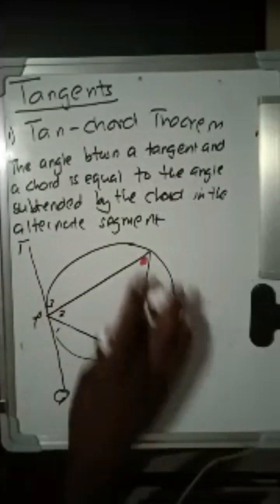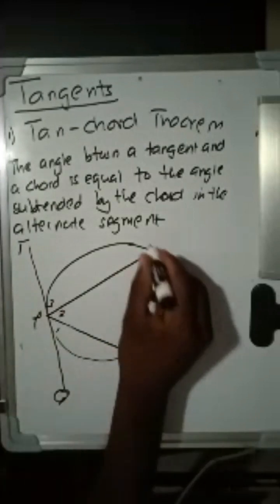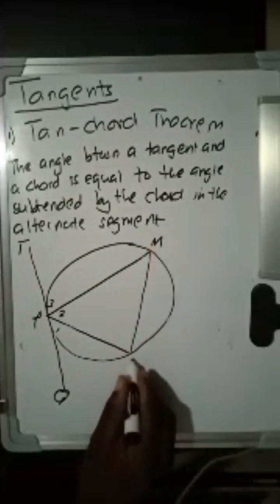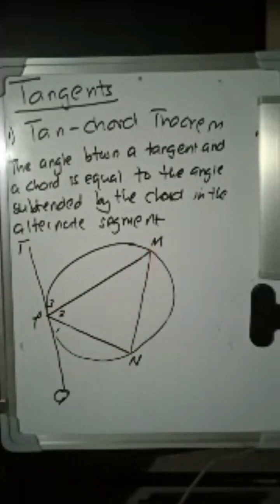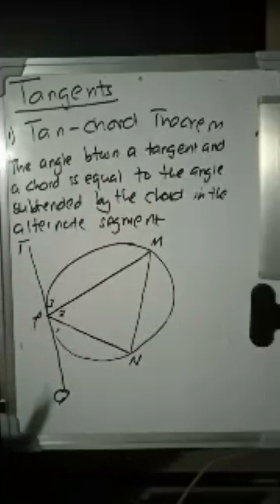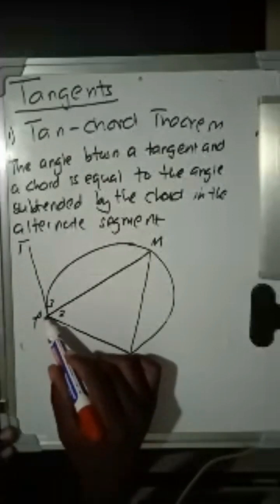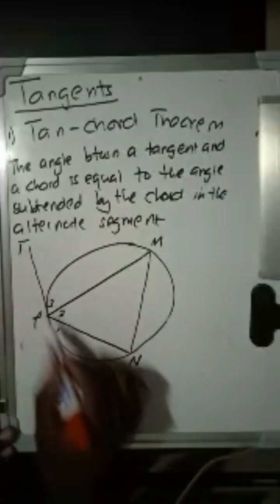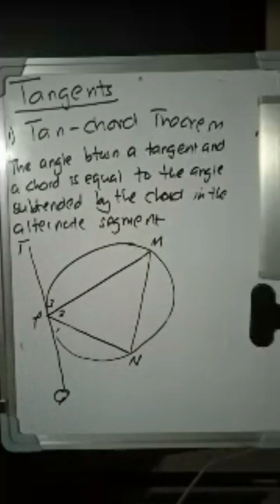Then we have M, N. So we have two chords there that are forming angles with the tangent. I am going to draw it this way, and rub so that I can write the angles that are equal there.